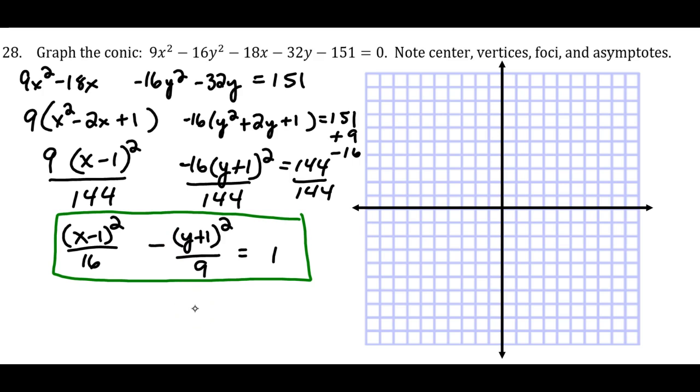All right, and so now the rest of this question just deals with where's the center? Well, we know the center is at 1, negative 1, because I must have put in positive 1 to get minus 1 for my h, and then negative 1, because y minus a negative 1 gives me positive 1 there. So that's your center.